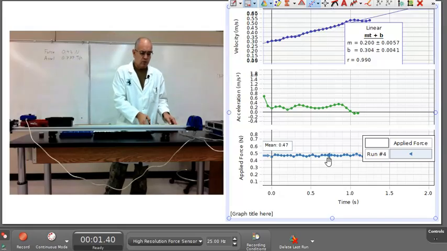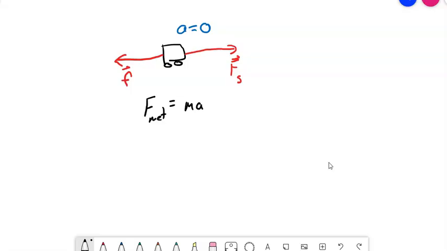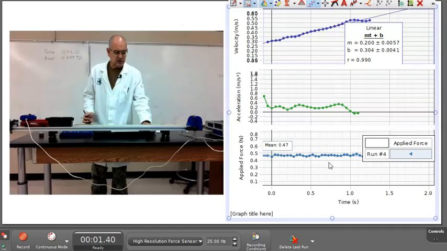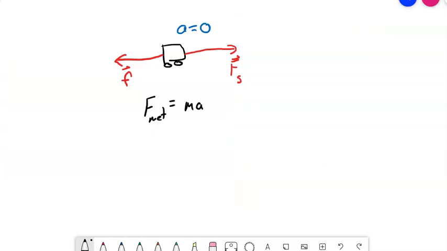So let's go ahead and go back to the whiteboard. And what we have here is we have an acceleration, or we have a force F. So the force of the tension is equal to 0.47 newtons. The force of friction we do not know.